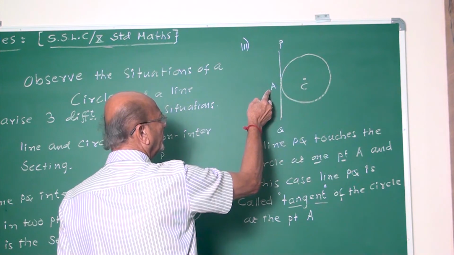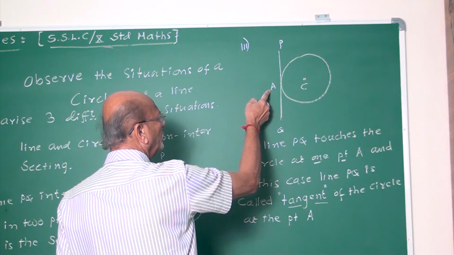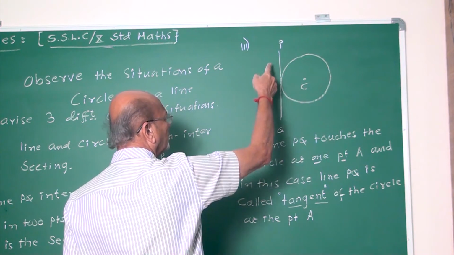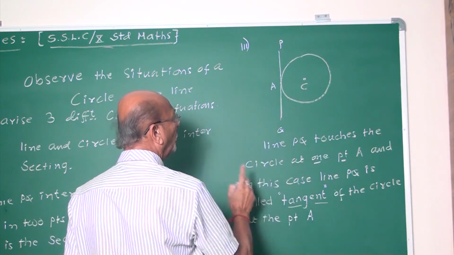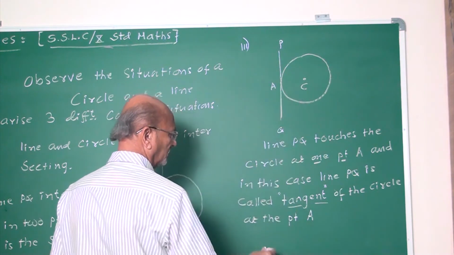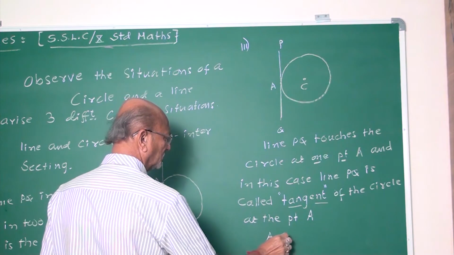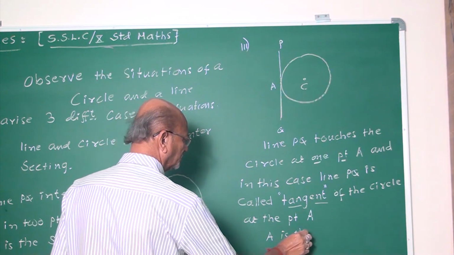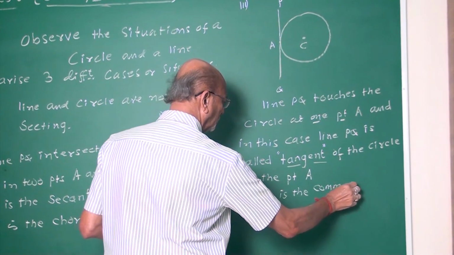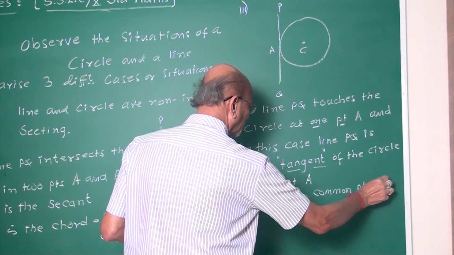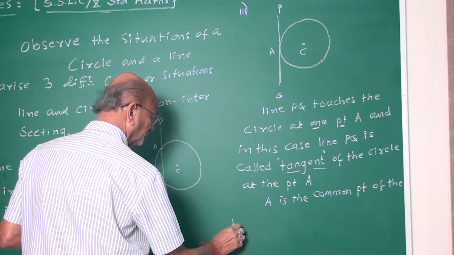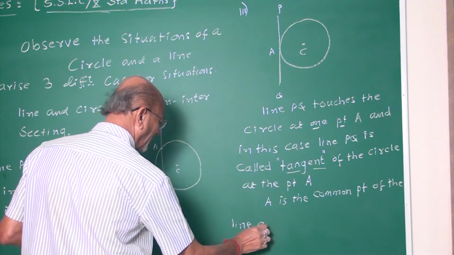The point A is the point of contact of the circle with a line, or it is a common point of the line and the circle.